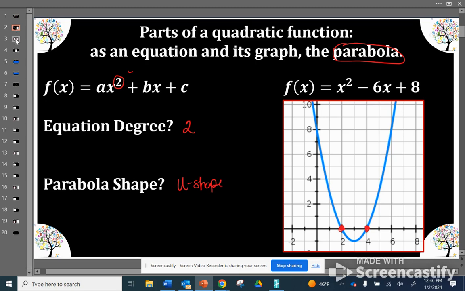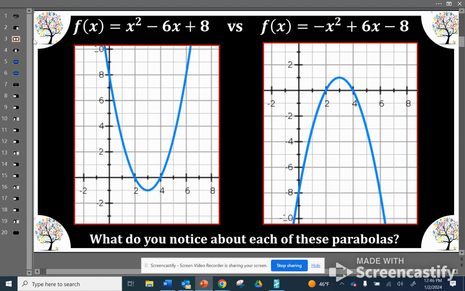Okay, now let's talk about the difference between this parabola, here's its equation, compared to this parabola. And so what do we notice about these two parabolas? Just looking at the graph, we can notice immediately that this graph turns up and then this graph turns down.